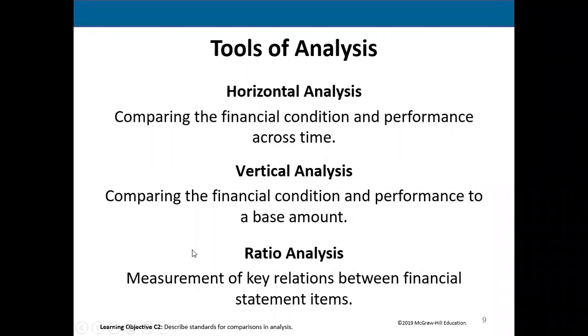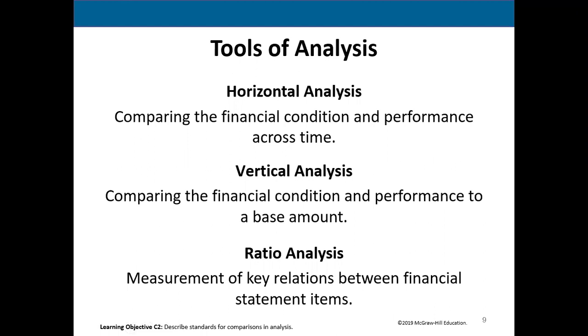Now here are the tools. So here's how we compute the numbers. The first one is called horizontal analysis. Horizontal means going across, and that's what you'll be doing here. You will be comparing financial items in our financial statements going across. Then there's vertical analysis. In vertical analysis, you're going up and down the financial statement.